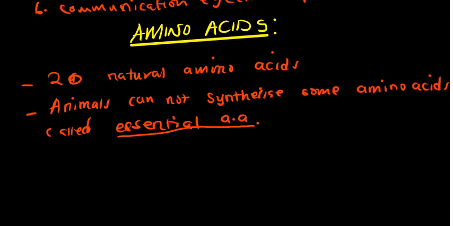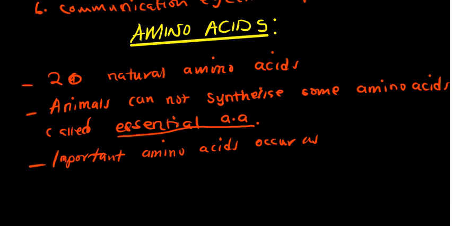So most of the amino acids are actually alpha amino acids. They occur as alpha amino acids.